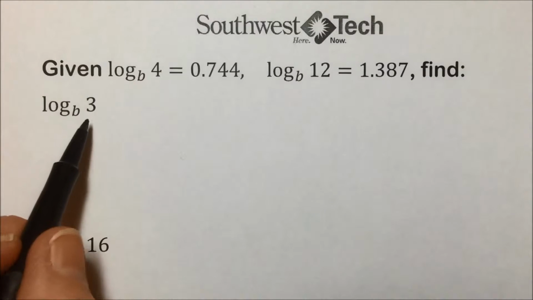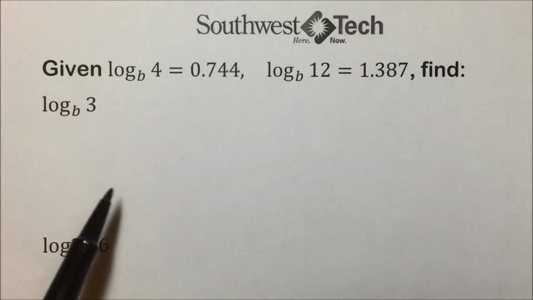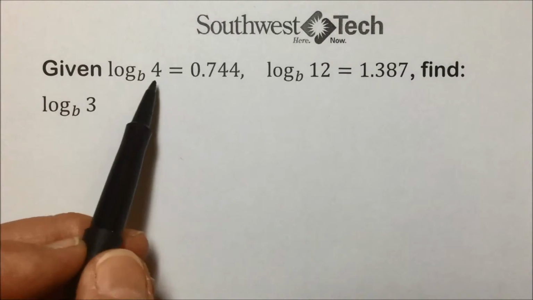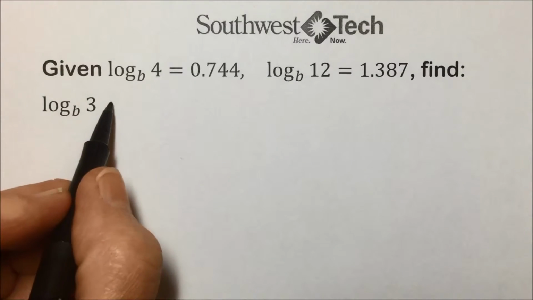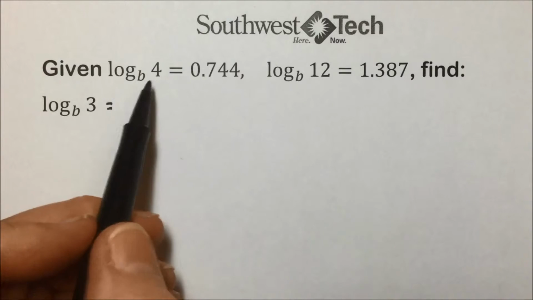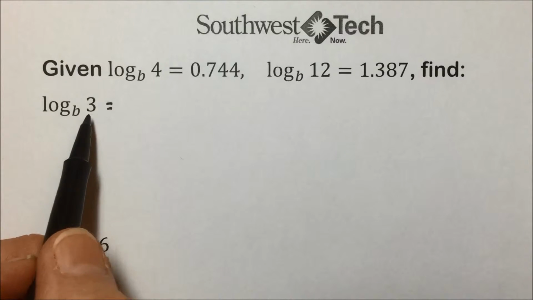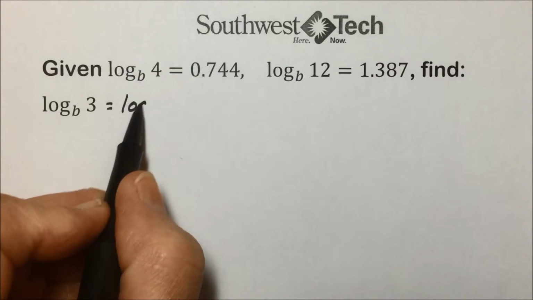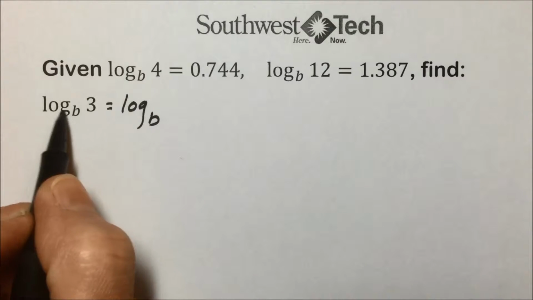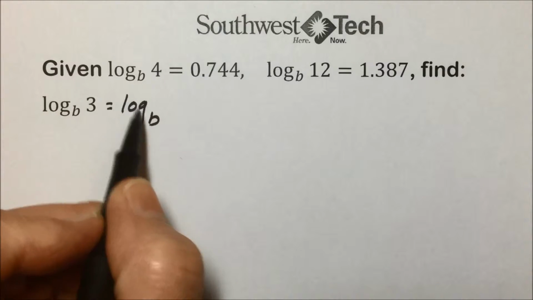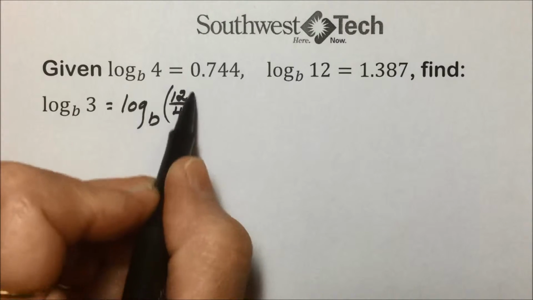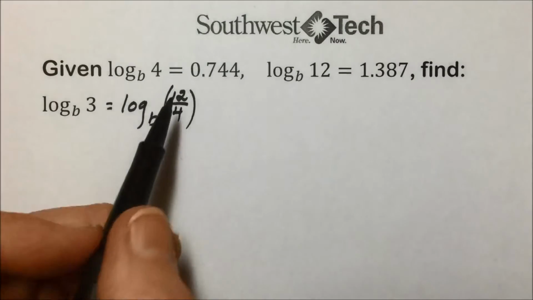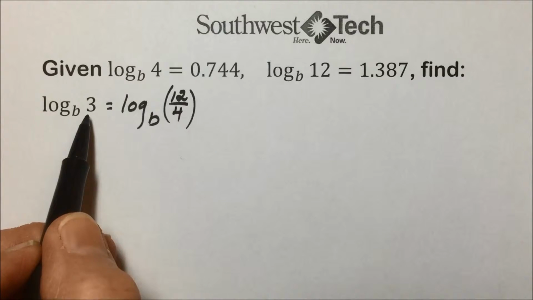We want to transform 3 into these numbers so that we can calculate a value. It turns out that 12 divided by 4 gives us 3. So an equivalent expression for log base b of 3 would be log base b of 12 over 4, this quotient, since 12 divided by 4 is 3.